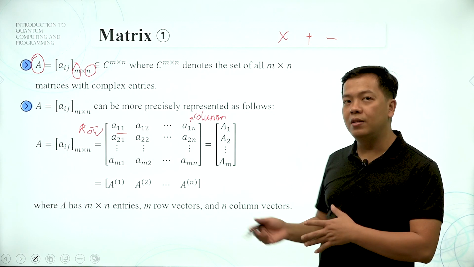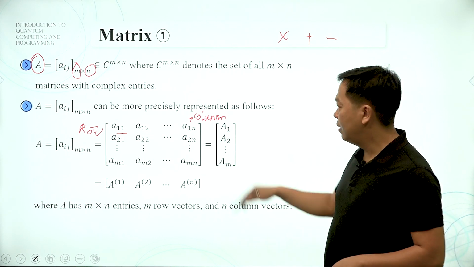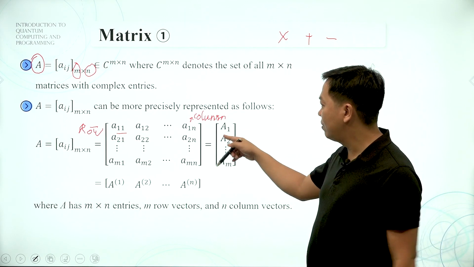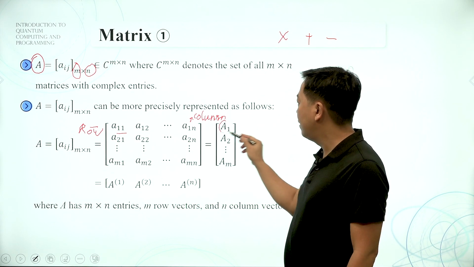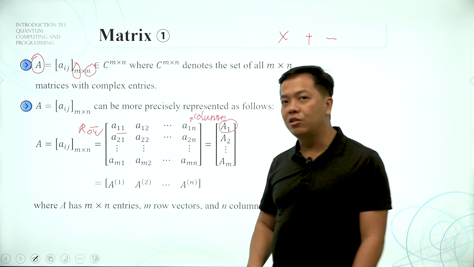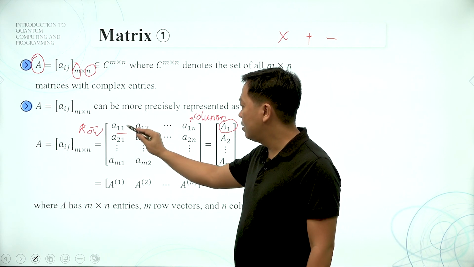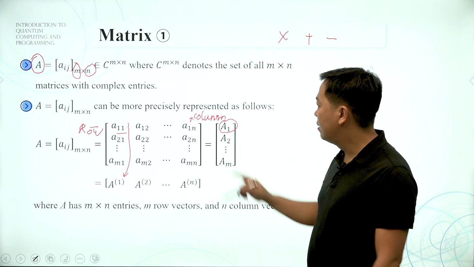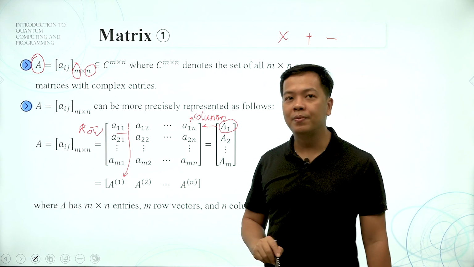When we present it as one vector, we cannot do it in two dimensions, so we can shorten it. We can shorten the rows to one, A1, or we can shorten by column. There are two ways: you can shorten by rows, or you can shorten by columns.